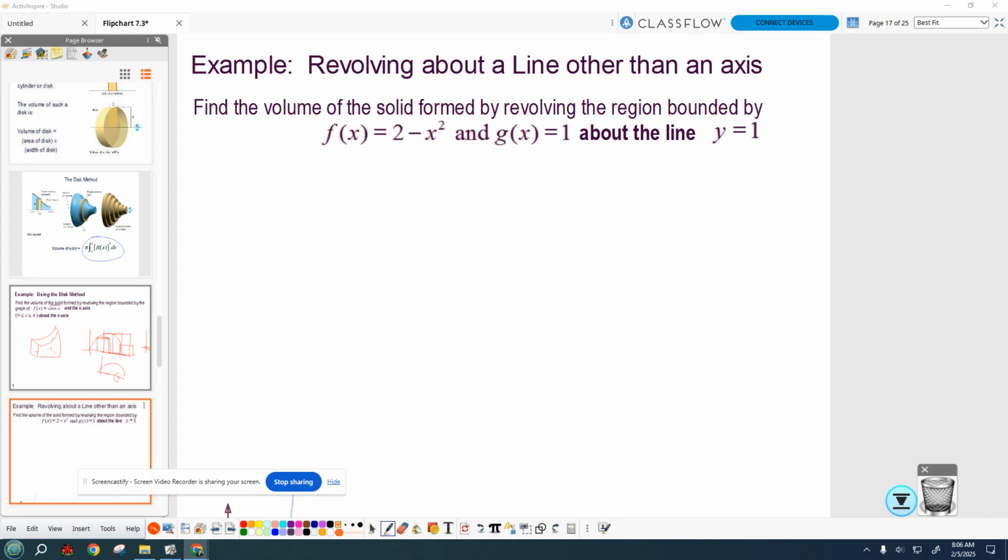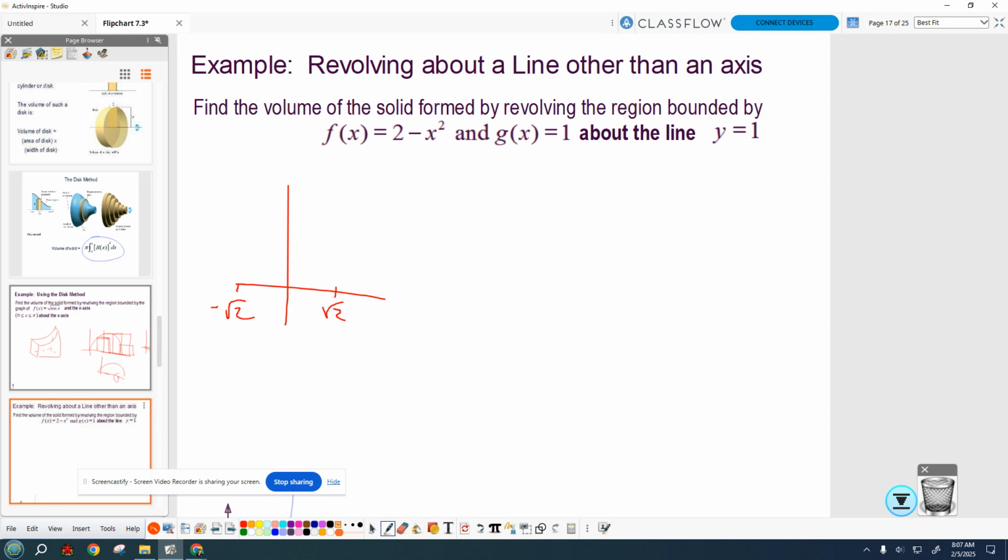Any idea what it looks like? Zach, 2 minus x squared, what is that? Parabola. At x equals root 2, 0.